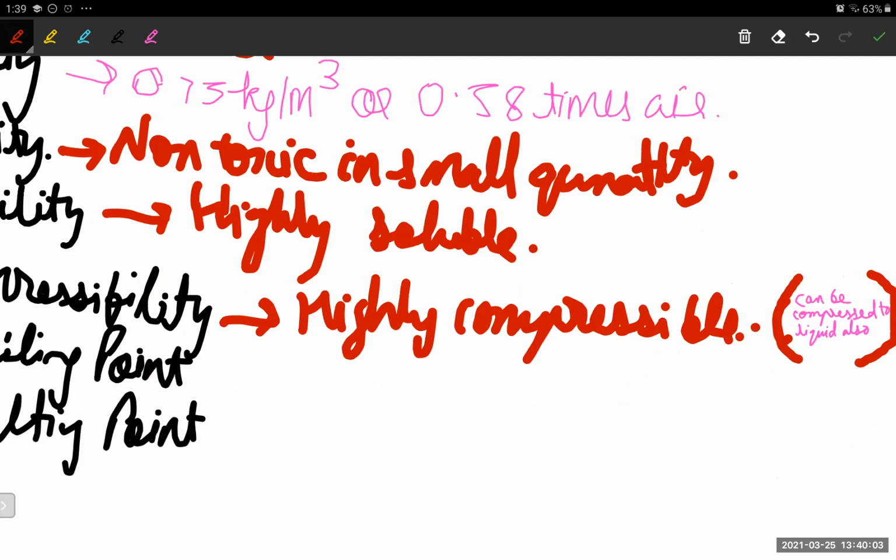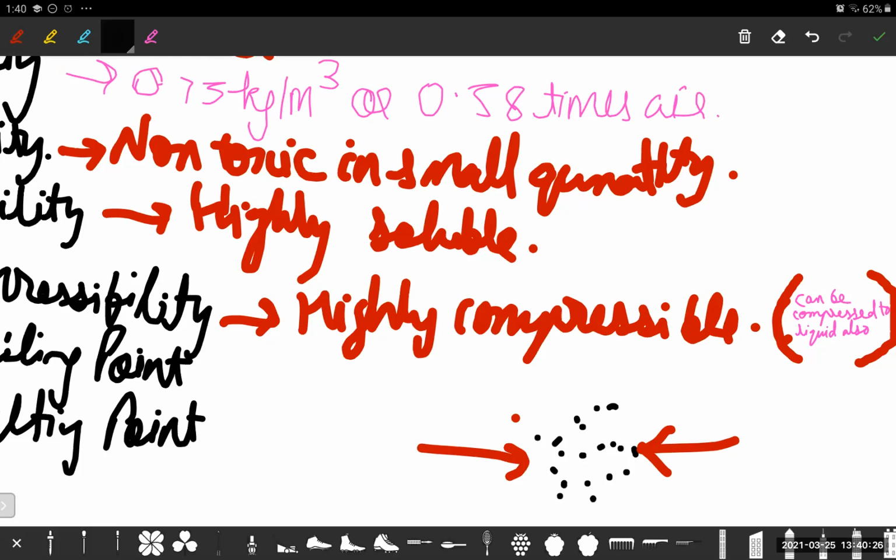Compressibility refers to a degree by which we can bring the molecules of gases close together. If we have some molecules of gases, then at what temperature and pressure can we bring these molecules together? When they become compact and compact and compact, what will happen? They will start compressing, isn't it?